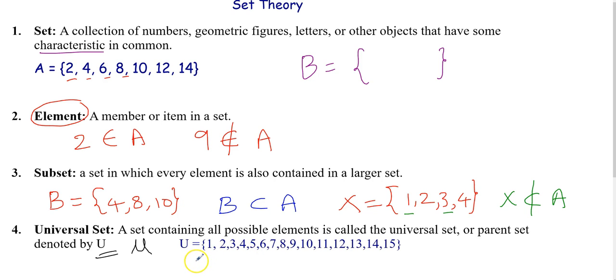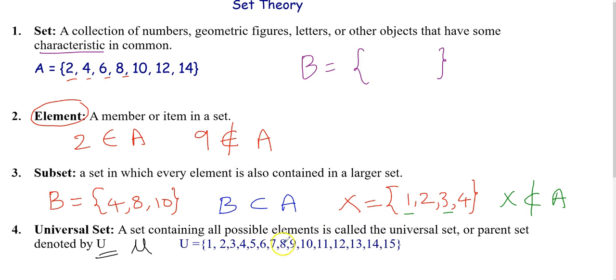Alright. Now in this example, with reference to our set A, I can say that the universal set is 1, 2, 3, 4 all the way up to 15, because every element which is present in this set A is also present in the universal set. In fact, it contains all the elements that we are discussing in the particular scenario.